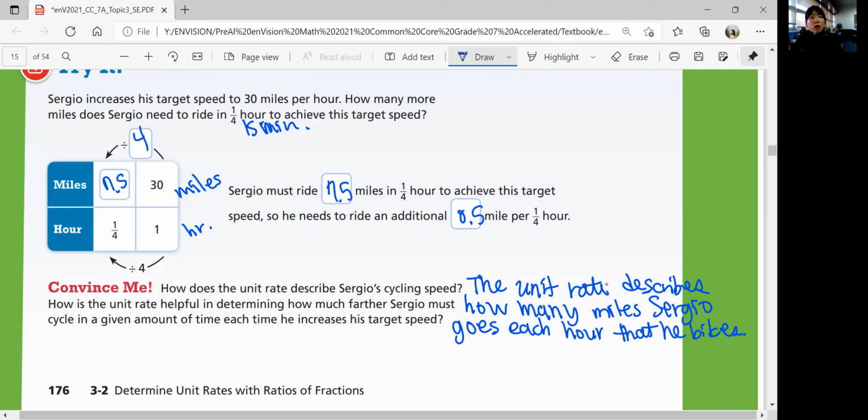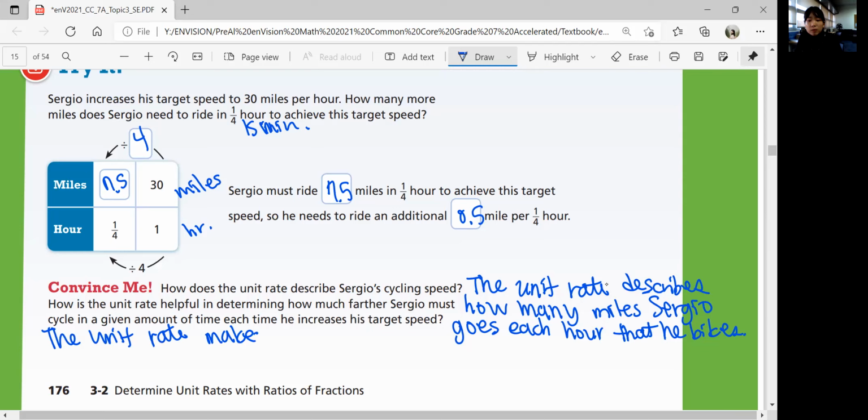Okay. How is the unit rate helpful in determining how much further Sergio must cycle in a given amount of time each time he increases his target speed? The unit rate would make it easier to find the distance Sergio must bike in any amount of time, not just 15 minutes, but if he wants to have a target distance for 10 minutes, he can calculate that too, right? So the unit rate is very helpful.